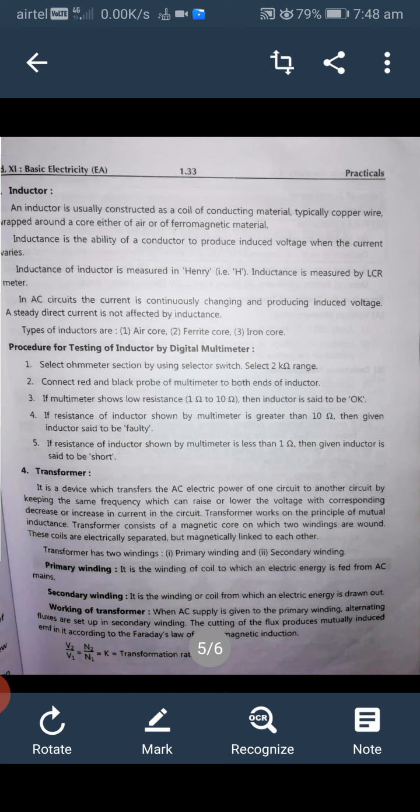A transformer works on the principle of mutual inductance. A transformer consists of a magnetic core on which two windings are wound. These coils are electrically separated but magnetically linked to each other.